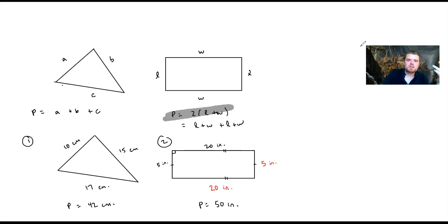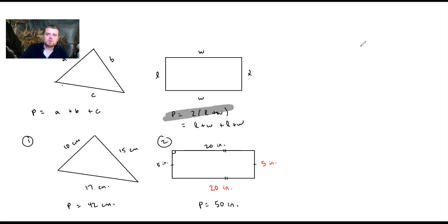Same thing if I gave you a square, again, pretending that this is a square. We should know by now that a square has all sides that are congruent. So if I say I have a square with one side that is 4 feet, that's enough to find the perimeter, because all sides of a square are congruent, which means all sides are 4 feet. So you're doing 4 plus 4 plus 4 plus 4.